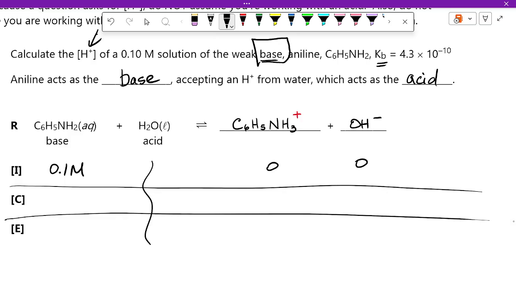Do you remember how the concentration we gave you for a weak acid, was it always initial or final? It was always initial. So what about the concentration of a weak base? Will it be initial or equilibrium? It will always be initial, just like weak acids. So our 0.1 molar is the initial concentration.